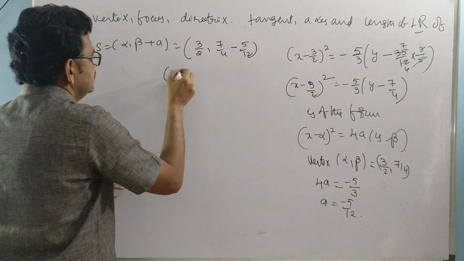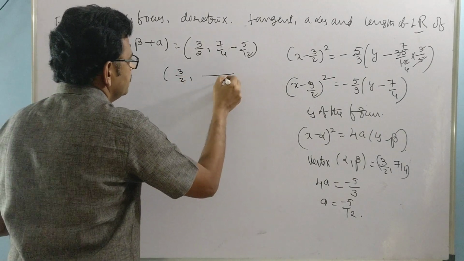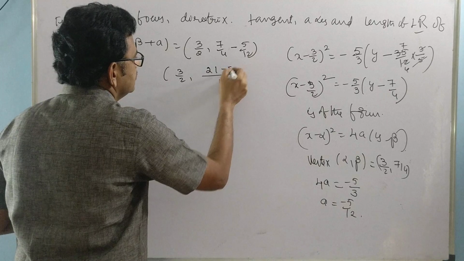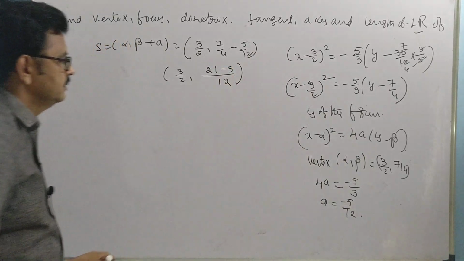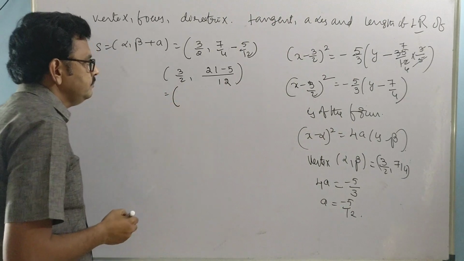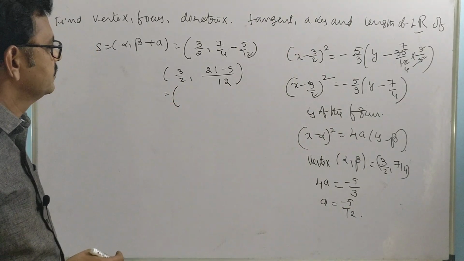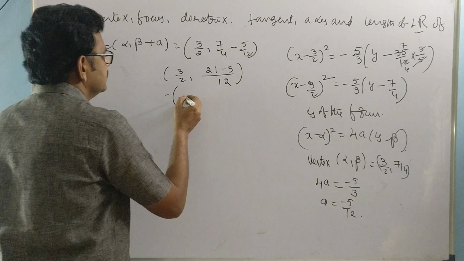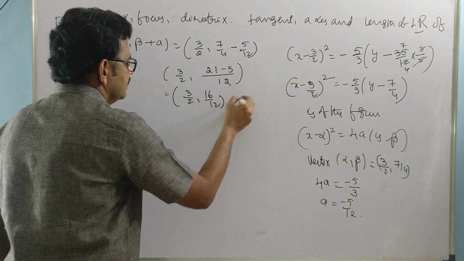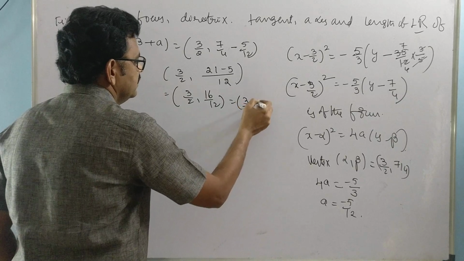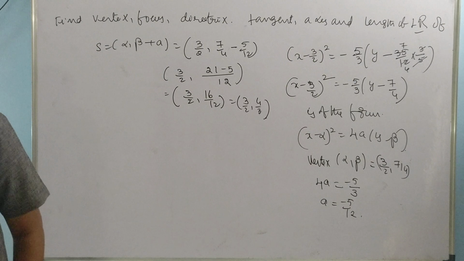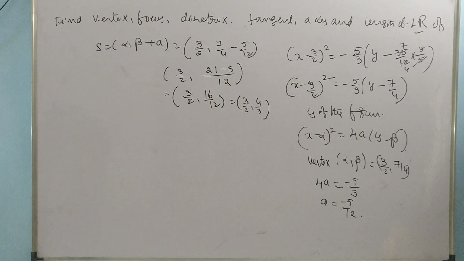So this is 3 by 2 comma, 12 is the LCM, so 21 minus 5, that is equal to 3 by 2 comma 16 by 12, that is 3 by 2 comma 4 by 3. So the focus is 3 by 2 comma 4 by 3.